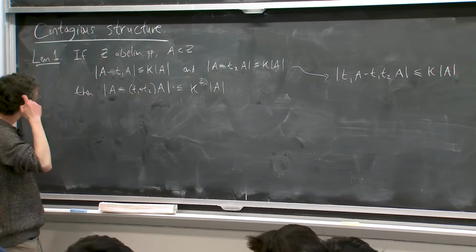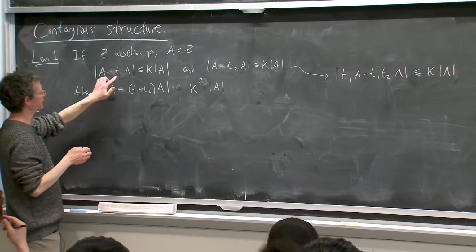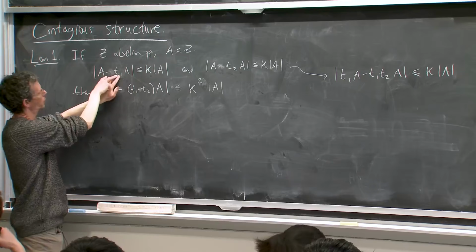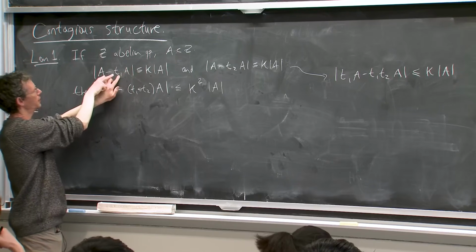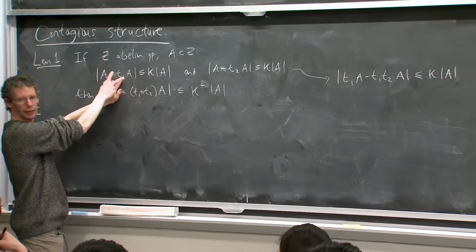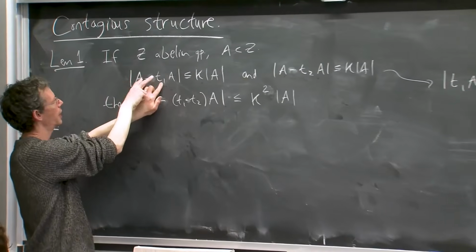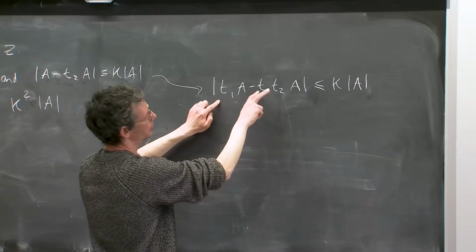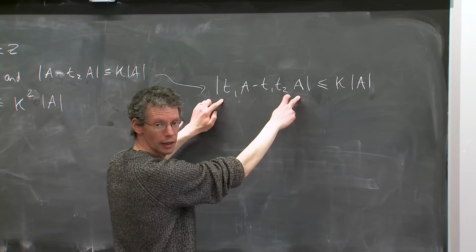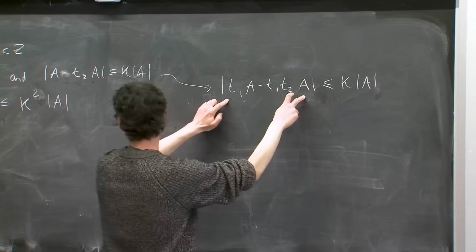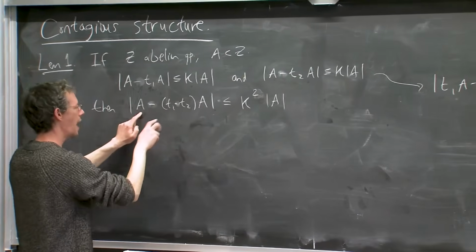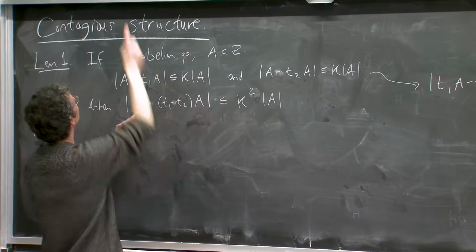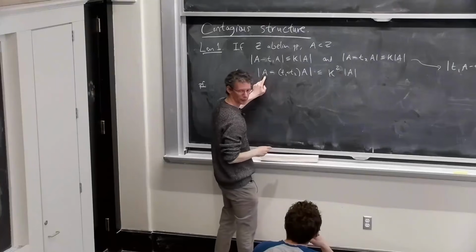Ruzsa had a funny idea to think of the size of this as some kind of distance between A and T1A. So A is kind of close to T1A, and also T1A is kind of close to T1T2A. And so something like the triangle inequality would tell us that A is close to T1T2A. And you can really use the Ruzsa triangle inequality in this way.